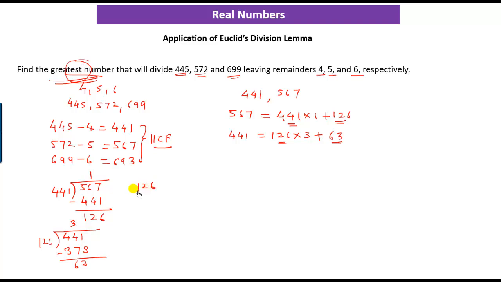So 126 divided by 63, so it will be 63 2s are 126. So subtracting we get the remainder 0. So it is 126 is equal to 63 into 2 plus 0, and since the remainder is 0, the required HCF will be 63. And so the HCF of the two numbers 441 and 567 will be 63.